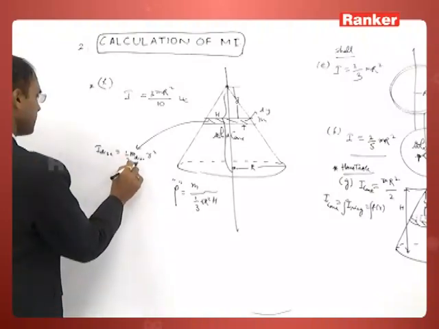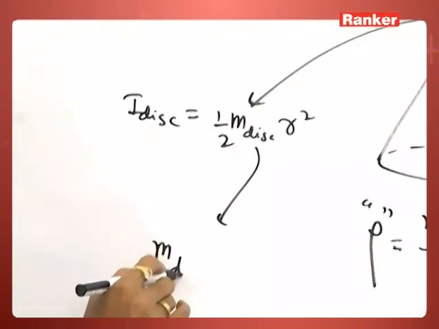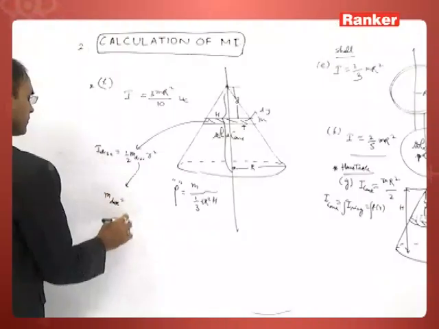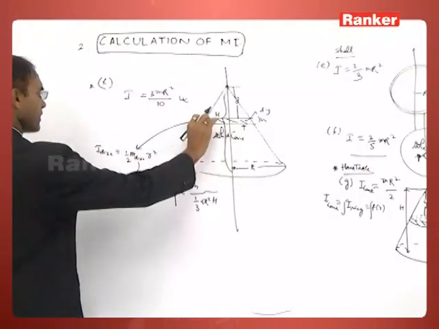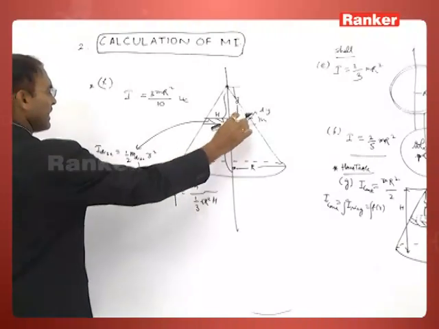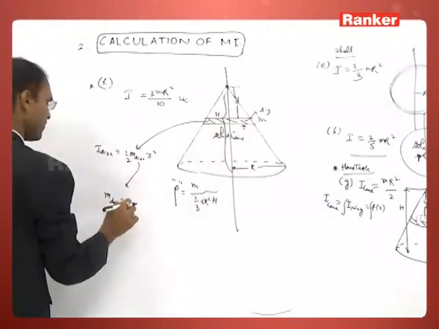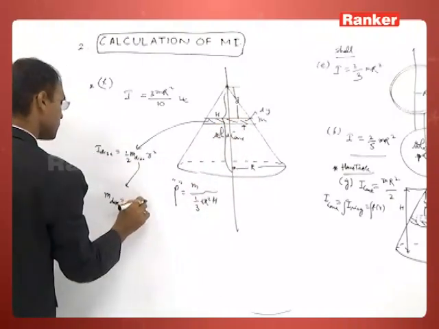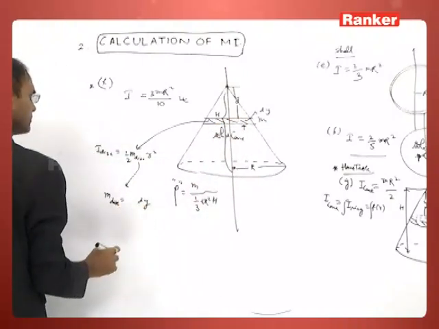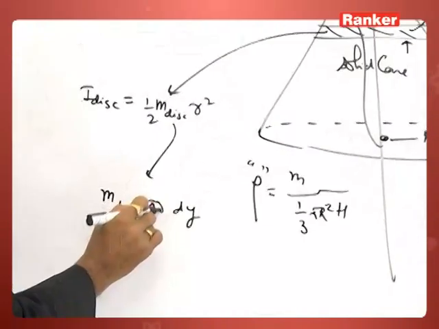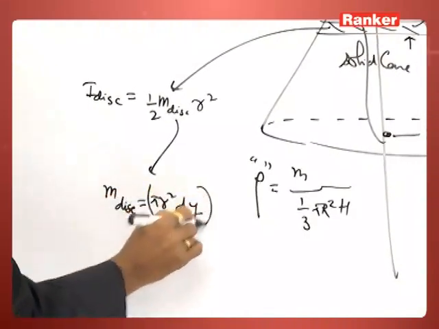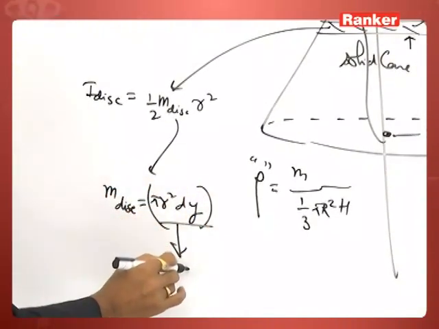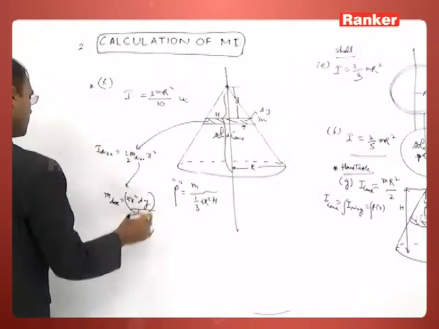And the mass of the disk can be written as the volume of the disk into the density. This thin disk acts as a cylinder of height dy and base area pi r square.